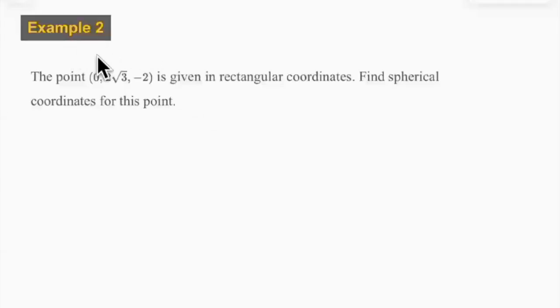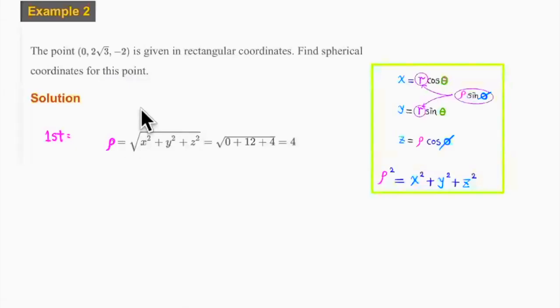Now, in the second example, we're going to convert rectangular coordinates into spherical coordinates. The first step to convert from rectangular to spherical is to figure out rho first. From this equation, we get rho is the square root of x squared plus y squared plus z squared. Plug in the x, y, z values, and we get rho equal to 4.